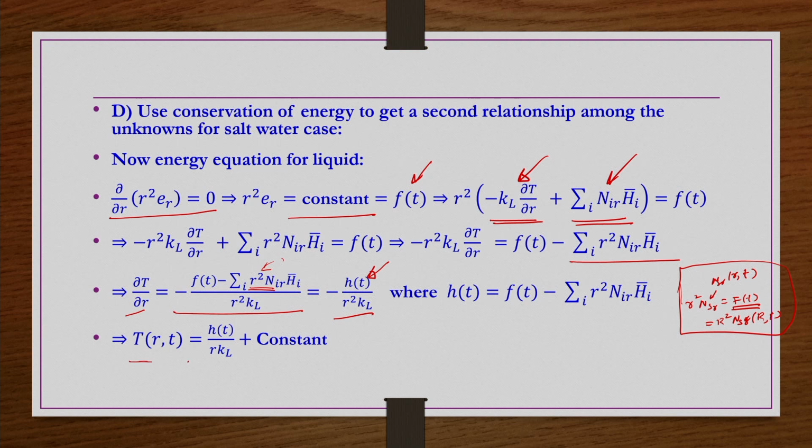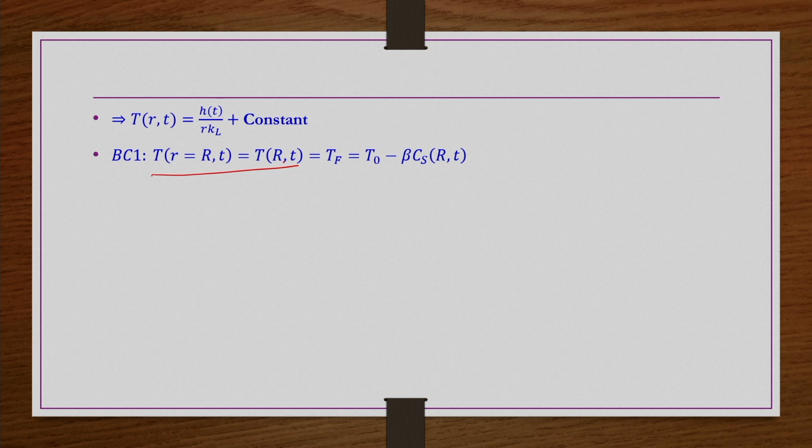So, this is what we have. Now you integrate this one: T as a function of r comma t is equal to h(t) by r k_l plus a constant. So we have to find two constants, h(t) and that constant. One boundary condition: in the fourth problem it has been mentioned that at the surface the temperature is known, that is at r equal to capital R, clearly in part D of the problem. So, T(R, t) is known, that is T_f, given in terms of T_0 minus beta C_s at capital R comma t.